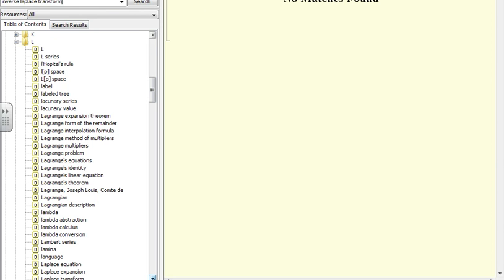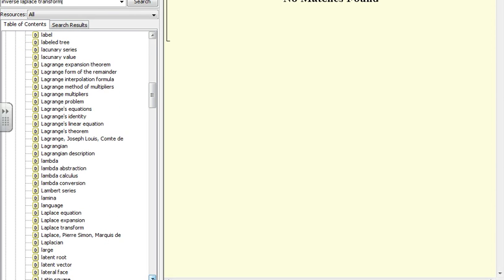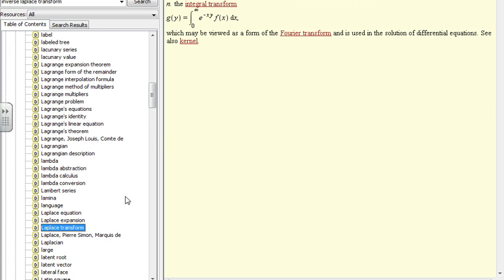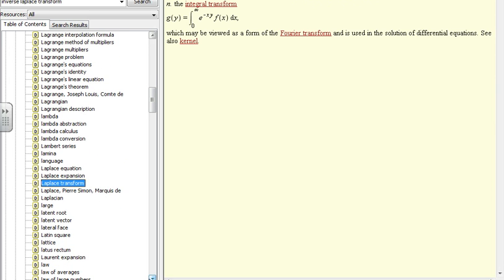Laplace transform, we already saw that. Laplace equation, Laplacian. Am I misspelling inverse?